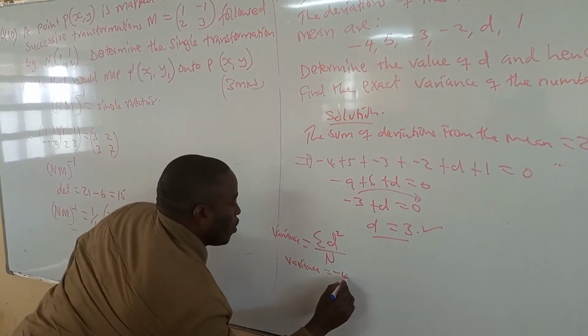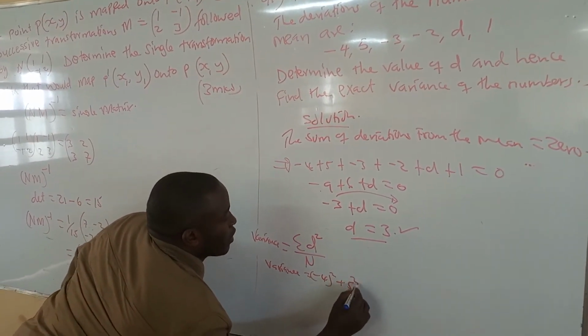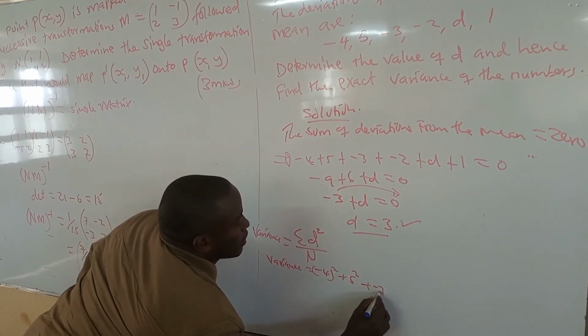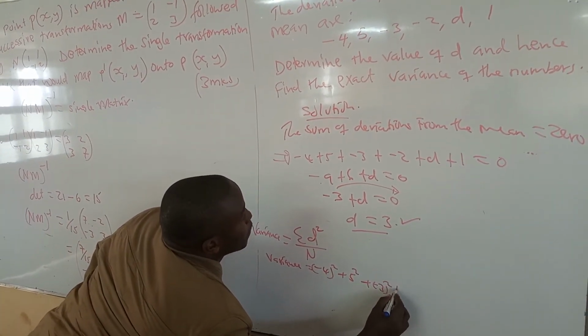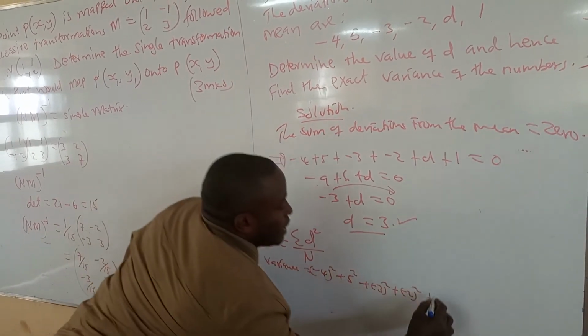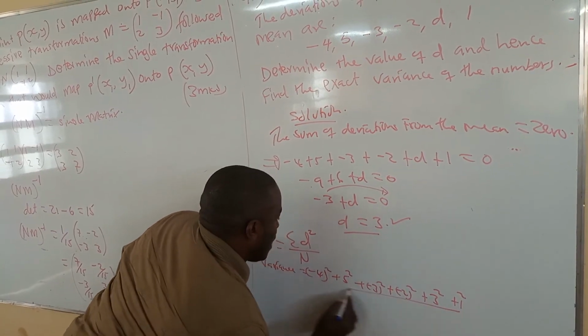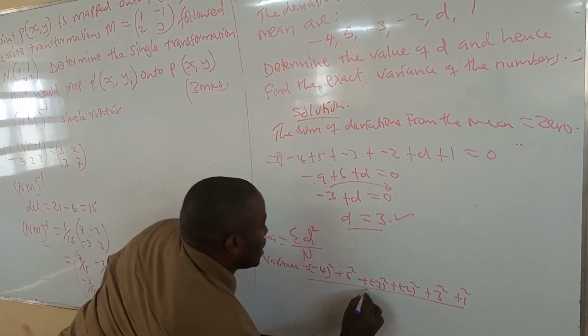So it is -4 squared plus 5 squared plus -3 squared plus -2 squared plus 3 squared, then plus 1 squared, all over the number, there were 6 of them.